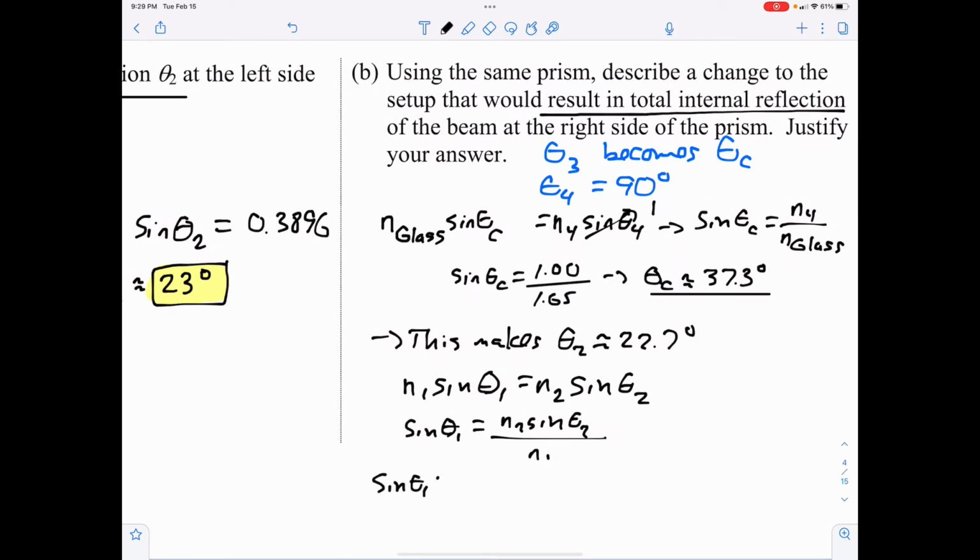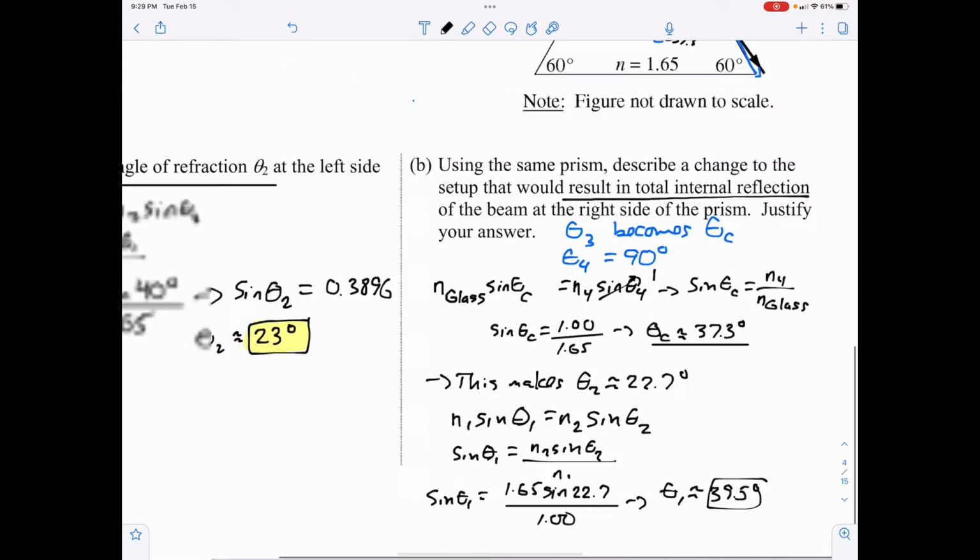So sine of theta 1 would be N2, which is 1.65, times the sine of 22.7 degrees over 1. If you put that in your calculator and take the arc sine of that, we get theta 1 is approximately 39.5 degrees.